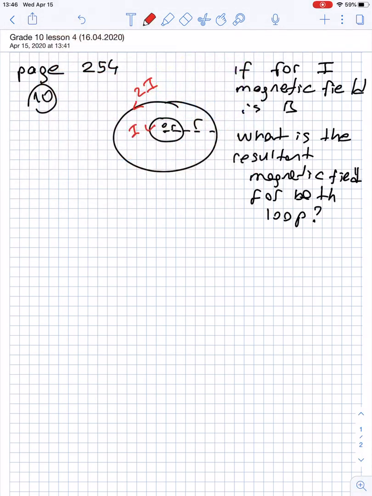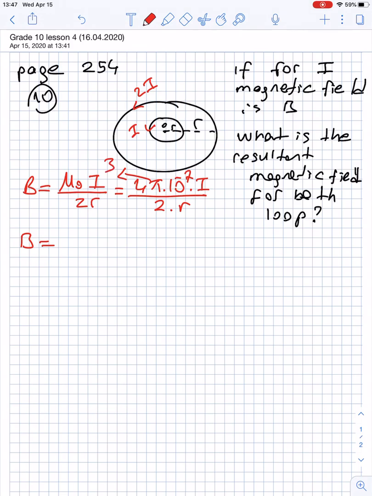Let's solve. For the first loop, the magnetic field formula B is mu 0 I over 2R, and we know mu 0 is the constant 4 pi times 10 to the power minus 7, the current is I over 2, and for the first circular loop the radius is R. Okay, continue.